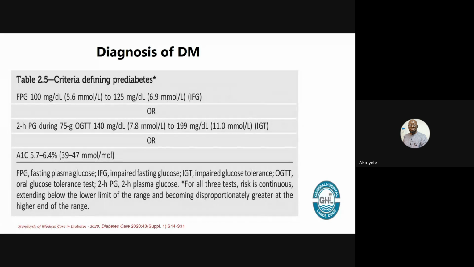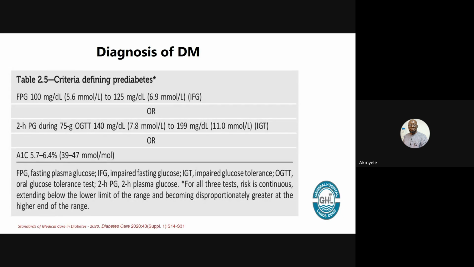What about pre-diabetes? Pre-diabetes is when you have what we call impaired fasting glucose or impaired glucose tolerance. When we say impaired fasting glucose, we mean that the fasting blood glucose level is between 100 and 125, but less than 126. Anybody who falls within this range has impaired fasting glucose, which is called pre-diabetes.